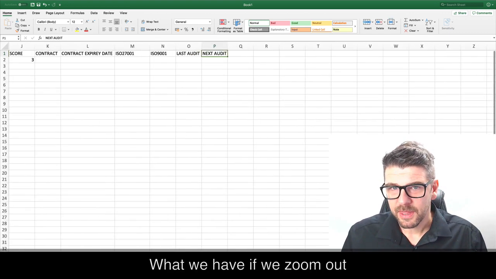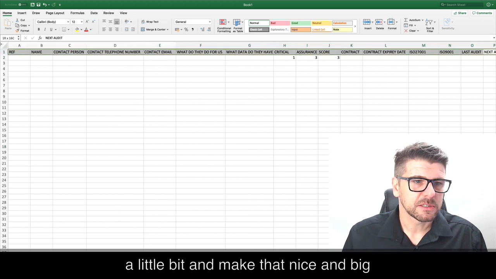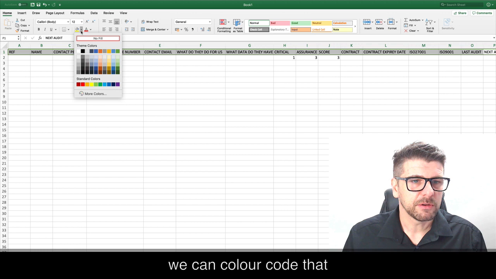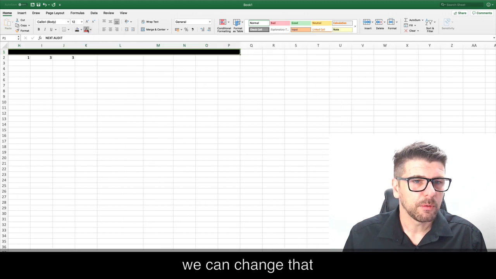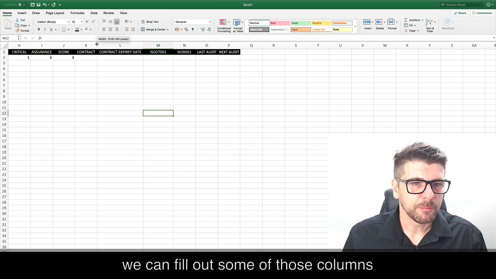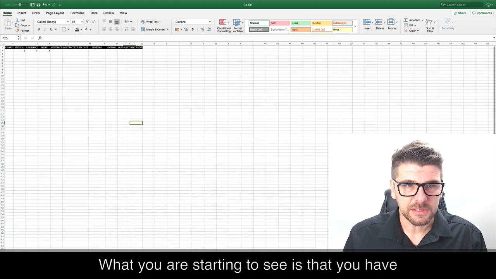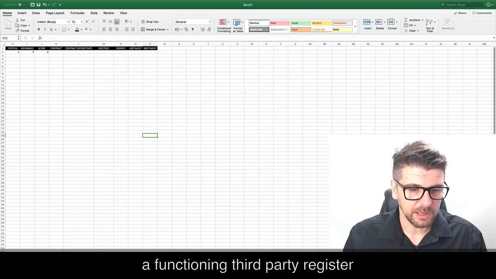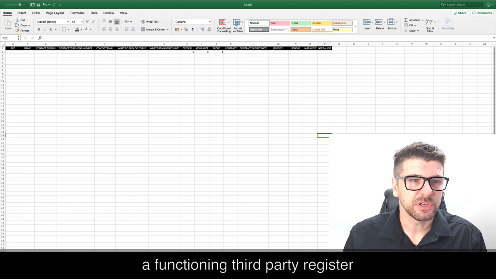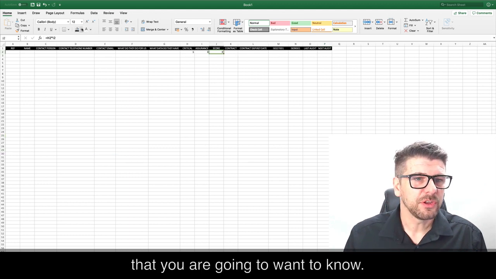So what we have there, if we pull that back a little bit, make that nice and big for you. Again, we can color code that, we can change that into a theme, we can make that look nice, we can fill out some of those columns, and what you're starting to see is that you have at a high level a functioning third-party register that captures all the critical information that you're going to want to know.